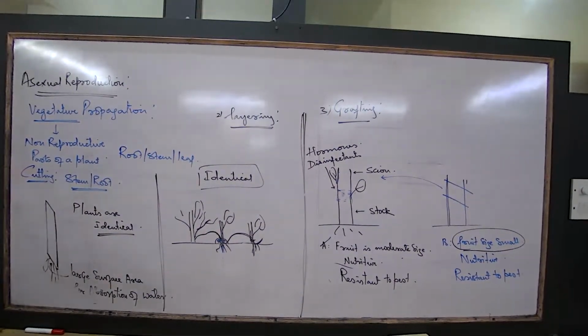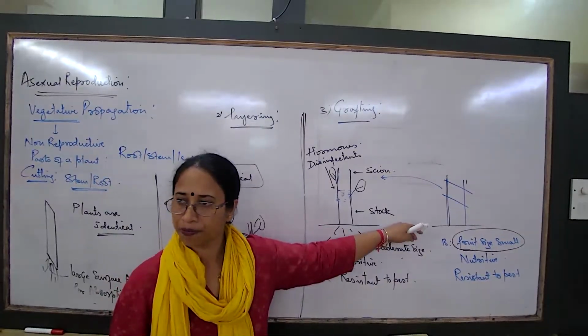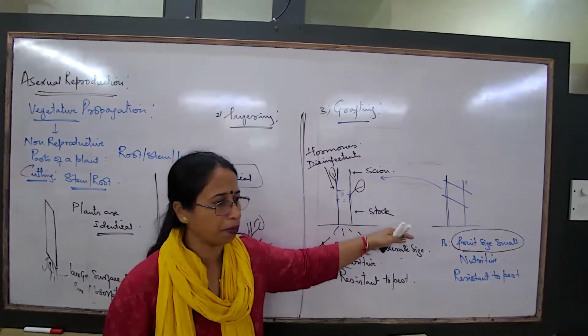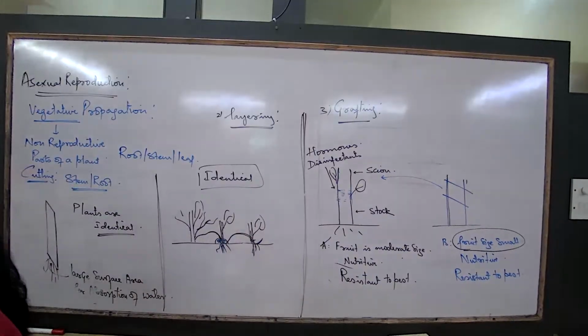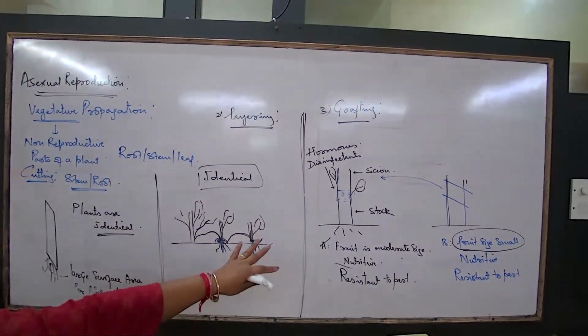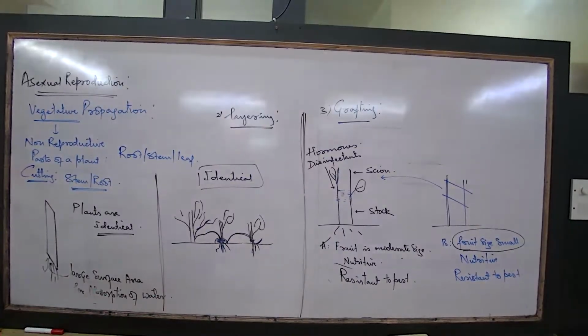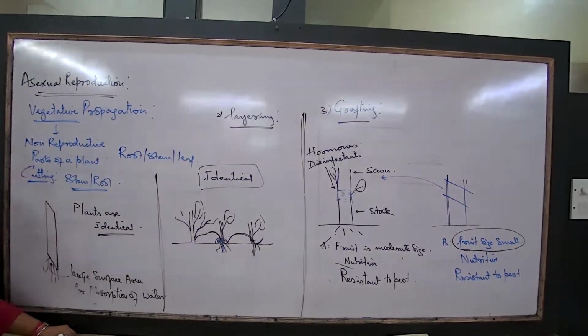So in grafting, what is the third point? Grafting is a method by which improved varieties can be obtained, and now the farmer can grow this improved variety in large numbers. So when we are talking about the entire concept of vegetative propagation, these are some 2-3 points that you should always remember.